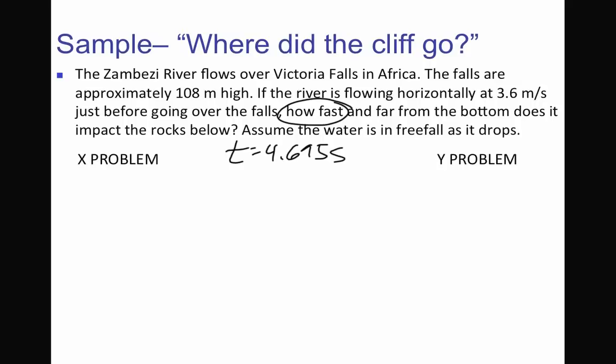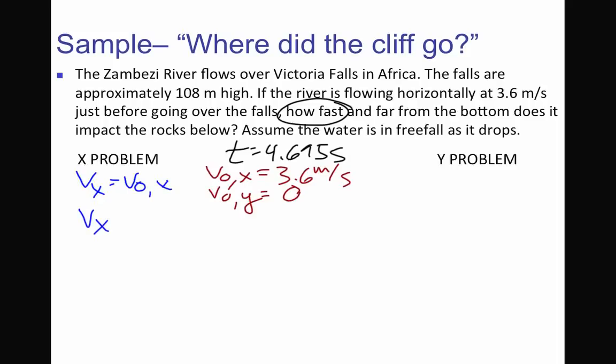So we still have a lot of the same initial stuff, like the initial x velocity is 3.6, the initial y velocity is 0, and that's the time. That's actually all we need, because in the x relationship, remember I told you that because the x acceleration is 0, vx equals v0x. So the final x velocity is going to be 3.6 meters per second.